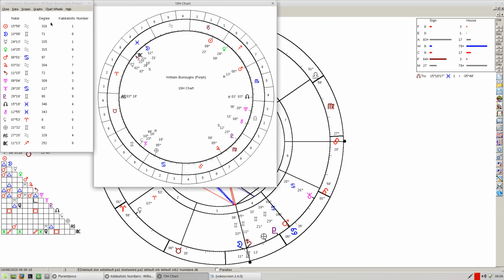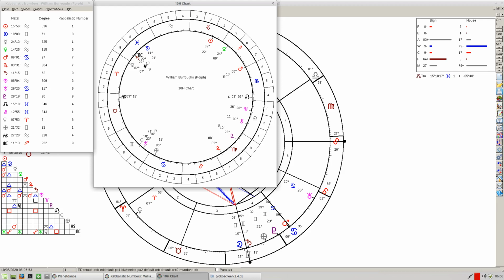The 10th harmonic chart is presented, and this shows very clearly the relationship between Venus, Saturn and the MC, Neptune and Pluto. You'll remember that these are all planets associated with the mutable 9th degree of signs, and here we have them presented in the 10th harmonic in a grand cross formation, very precisely within a degree or two.